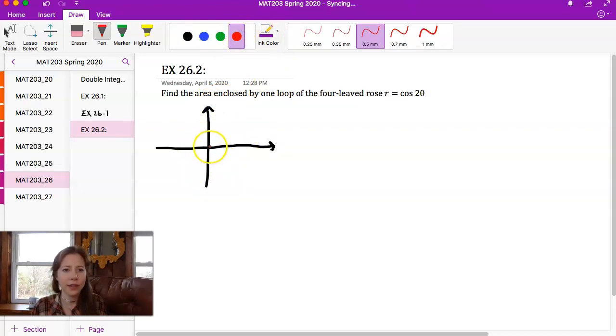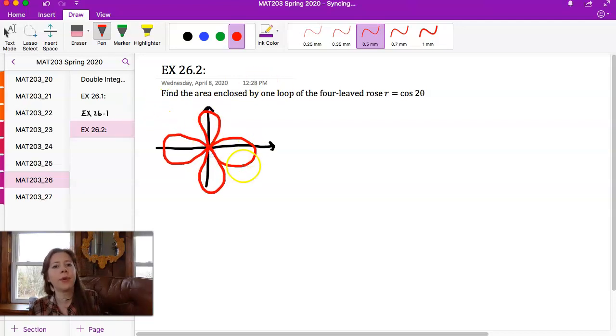All right, so it basically looks like a clover. Pretend each one of those petals is equivalent to one another, and we just want to know the area enclosed by one loop.